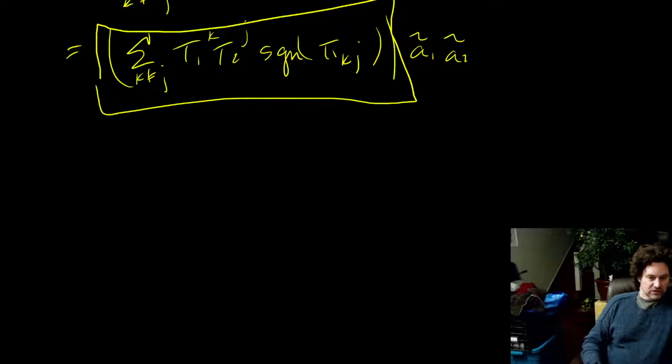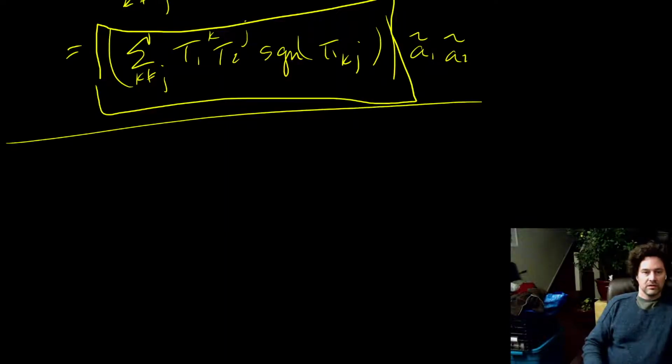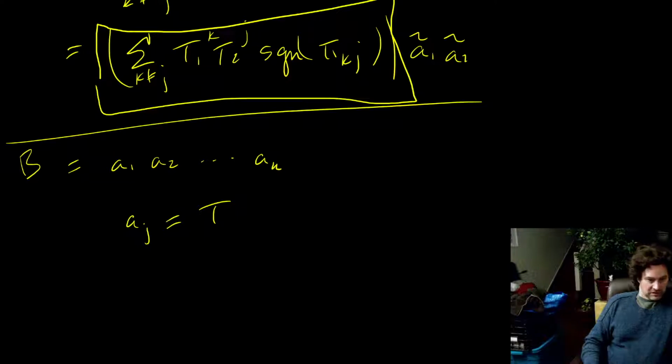So now let's go to the B equals A1 A2 through Ak case, and we'll write Aj equals the sum of Tjkl, L is an ugly variable to use with implied sum, so let's make the sum explicit.